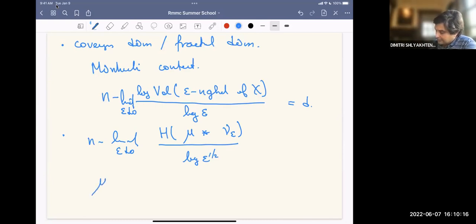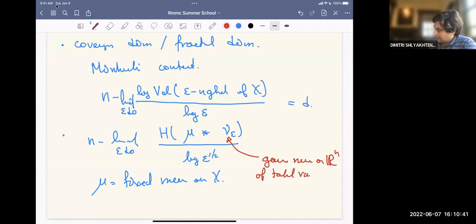So what is this? Mu is some fixed measure on X. So right now, rather than talking about sets, we'll talk about sets with a measure on them. But if you have something like an algebraic variety, it's natural to have a measure around anyway. What is this new mu_epsilon? This is the Gaussian measure on R^n of total variance epsilon times n. So it's an n-dimensional measure, and the total variance of it is like this.